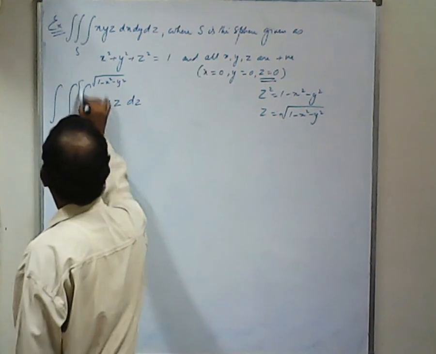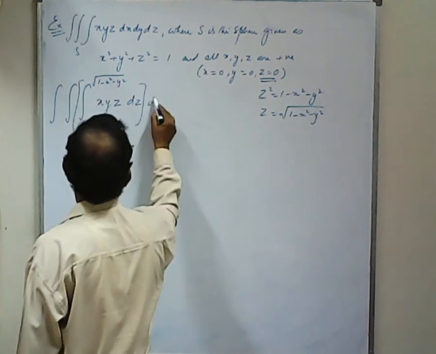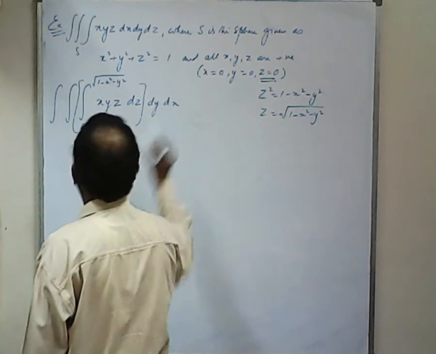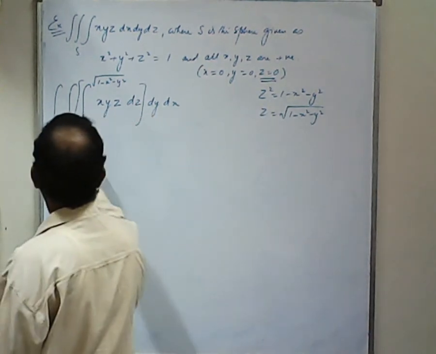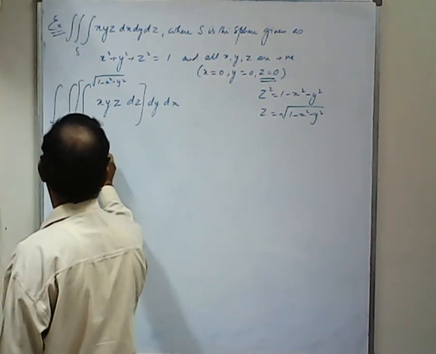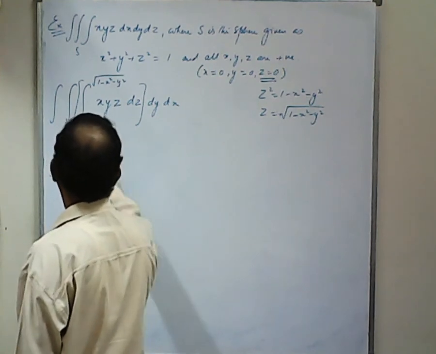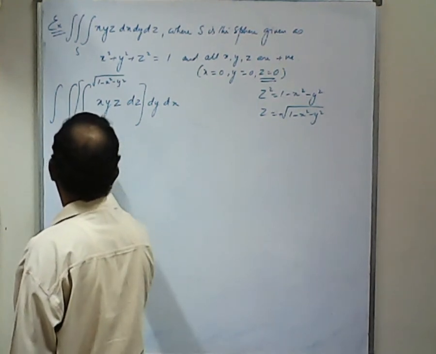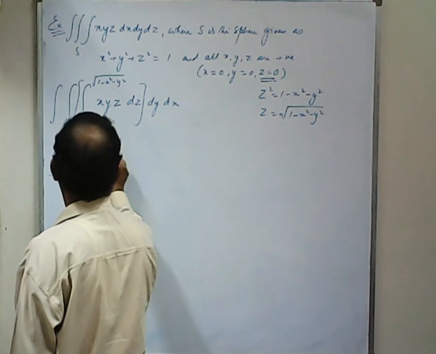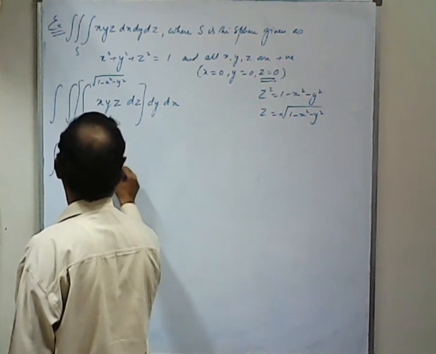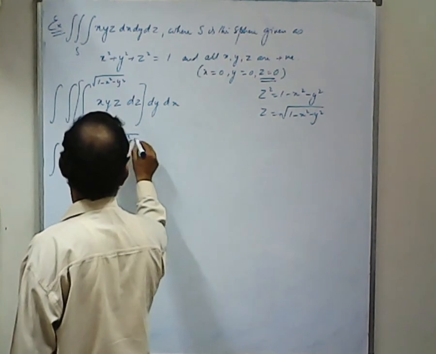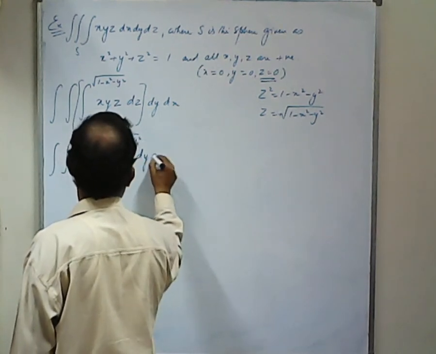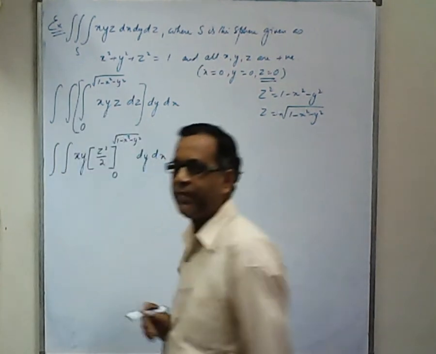Now I am integrating with respect to z first, and then we will try y and x accordingly. So it is now a double integral; leaving x, y outside, integrating z gives z square by 2, with limits 0 to under root 1 minus x square minus y square, dy and dx.